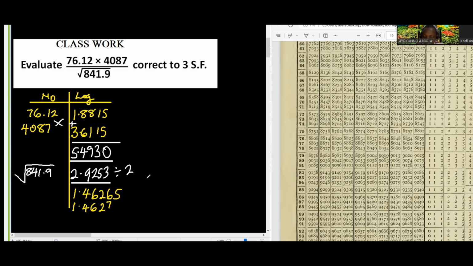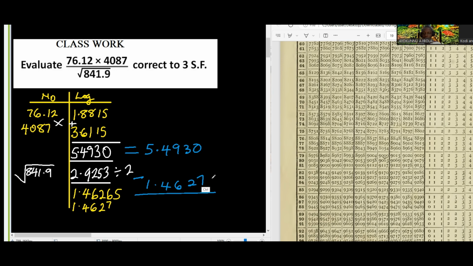Okay, good. Now, the next thing to do, because we want to divide, is to subtract. I'm going to subtract the denominator from the numerator, 5.4930 minus 1.4627.